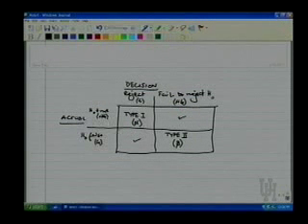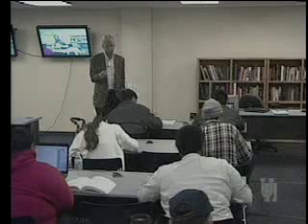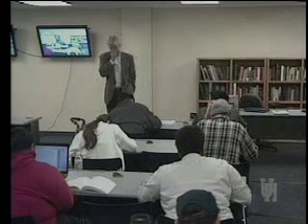Let me stop and ask, are there any questions about this 2 by 2? Yes. Can you explain the top left, the type 1 error, one more time? A type 1 error occurs when the jury rejects the null hypothesis. And the null hypothesis in a court of law is that the defendant is not guilty. A jury that rejects the null hypothesis then returns a verdict of guilty.